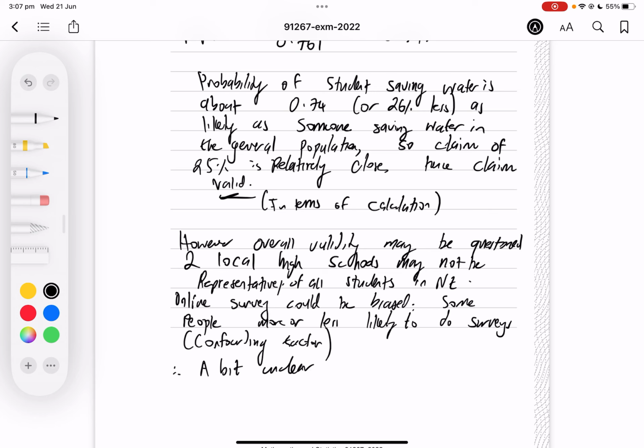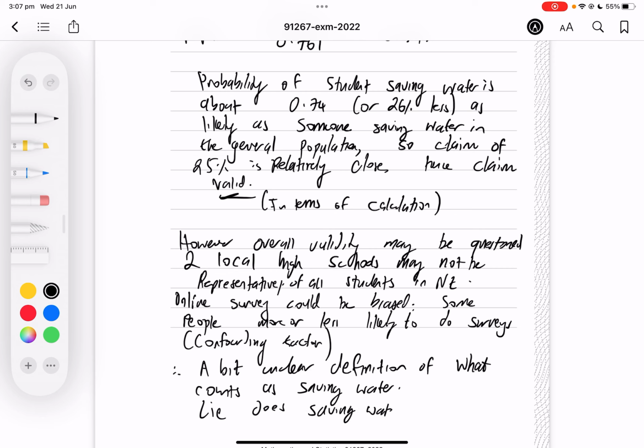So that's a valid point: a bit unclear definition of what is saving water, i.e., does saving water during an emergency count? And that's about where this question is at.